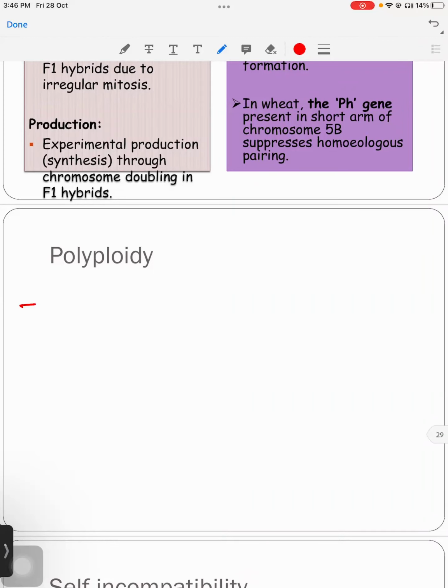In case of polyploidy, the major issue is about application, because students write many applications haphazardly. The major application is the possibility of creation of a new species.